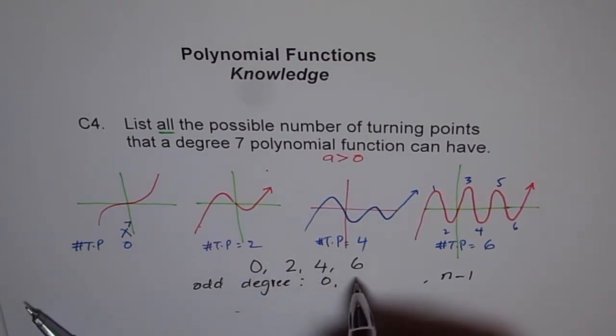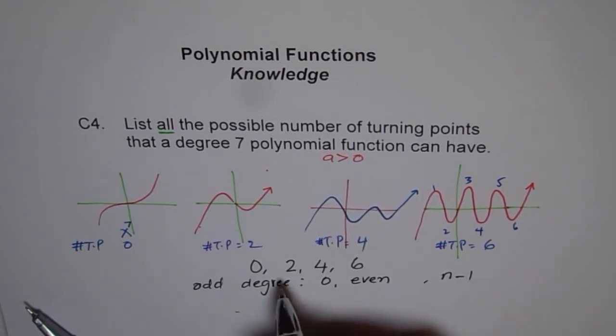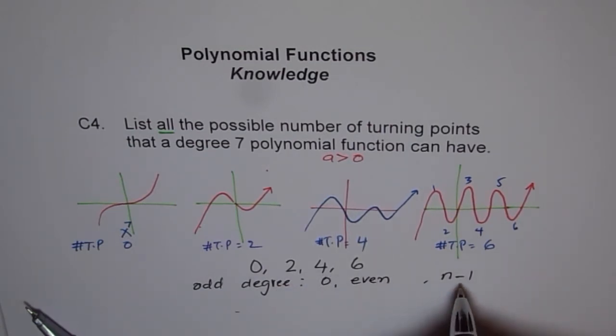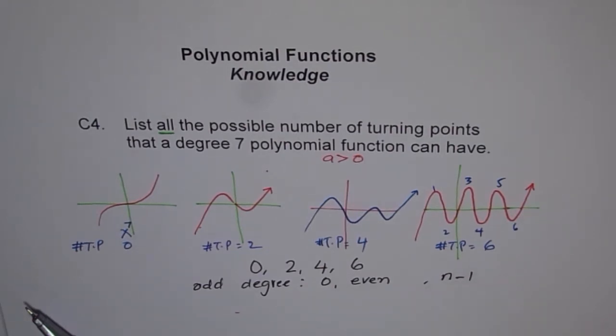And all others are even numbers. Even number of turns, 2, 4, 6, like that till n minus 1. Do you get it? So an odd degree function can have only an even number of turning points. That is the gist of it. Thank you.